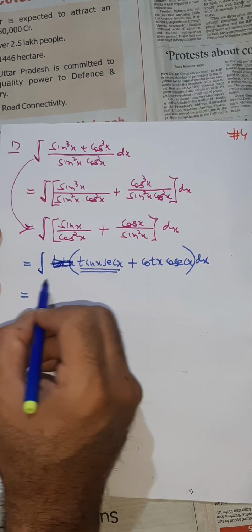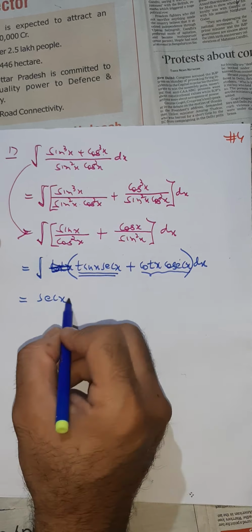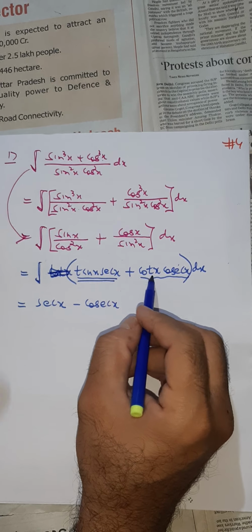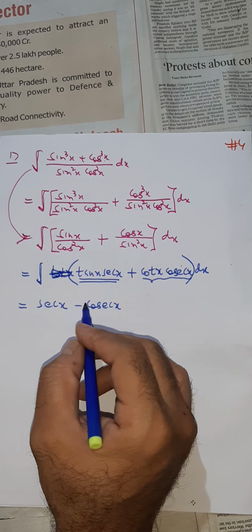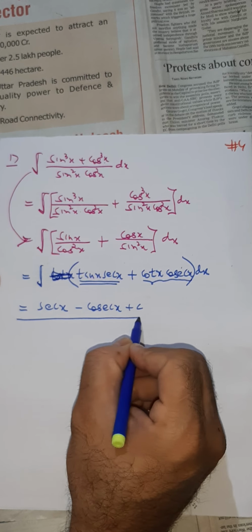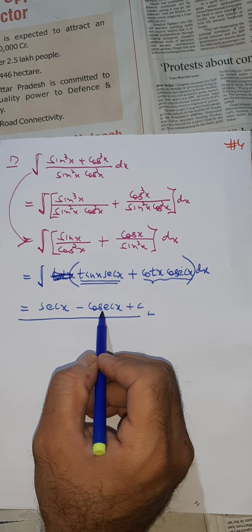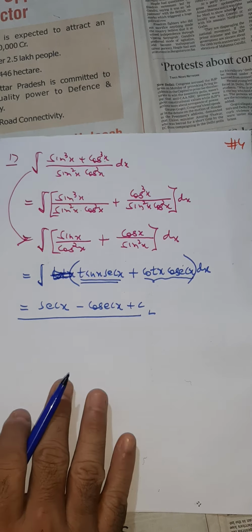What's the integral of tan x into sec x, which is sec x? What is the integral of this, which is minus cosec x? Integral of cot into cosec is minus cosec x plus c. This is because derivative of sec is sec x into tan x, derivative of cosec x is minus cosec into cot, so we have this.